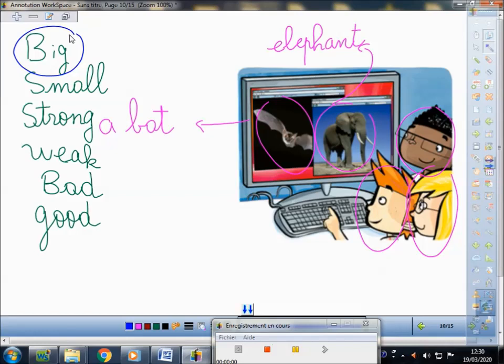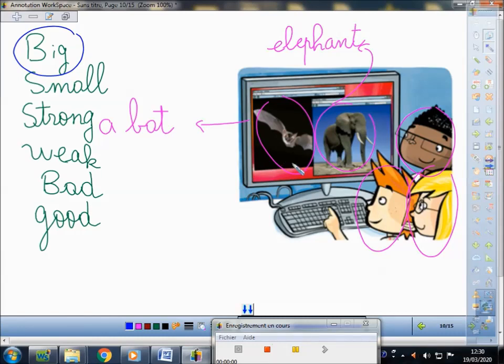Now, let's look at the picture one more time and try to say who's big and who's small, okay? If you pay attention, the big is the elephant and the small is the bat. Bat is small. I repeat, bat is small and elephant is big.